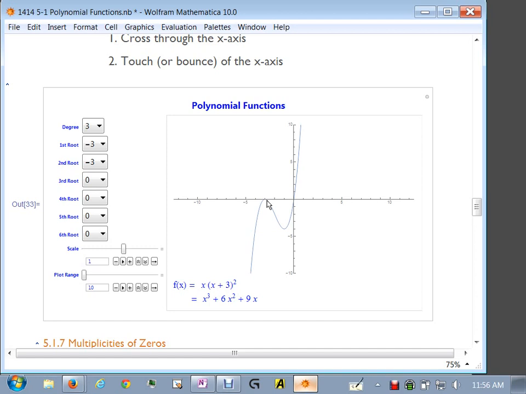Yes? So that should create a factor of x plus 3, shouldn't it? Which I have, but do you see the difference? What's the difference between this one and the one before? It's squared. And because it's squared, that's what creates the touching instead of the crossing through. If you take the squared off of this, oh, that's not what I want to do.